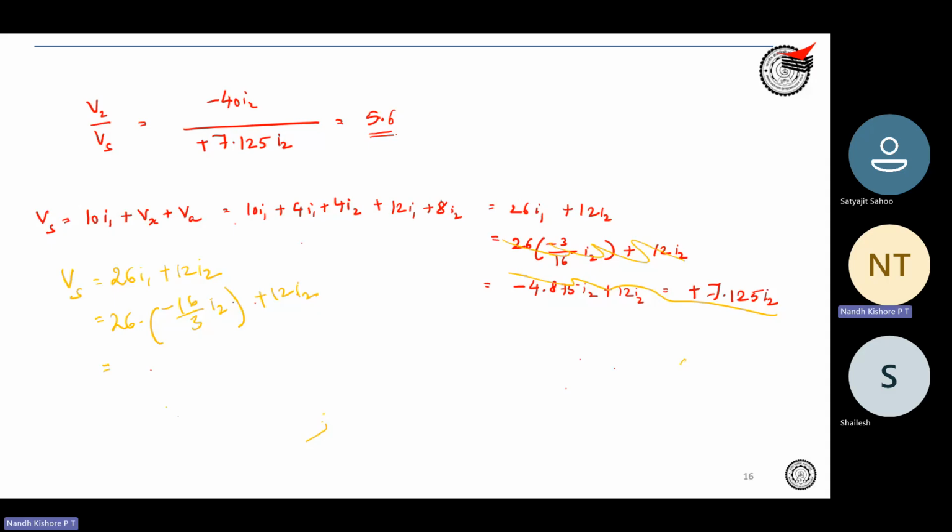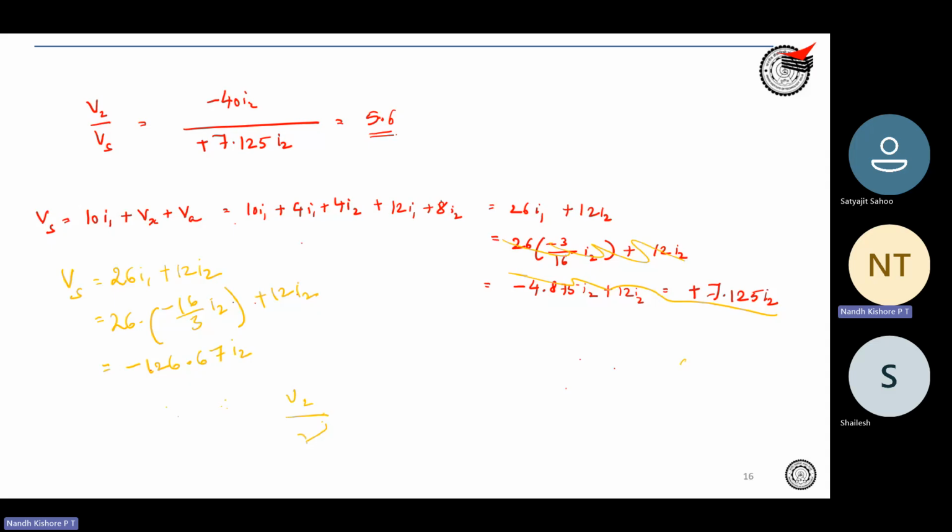So this gives me 26 into 16 by 3, which is minus 126.66, or minus 126.67 I2. Correct?